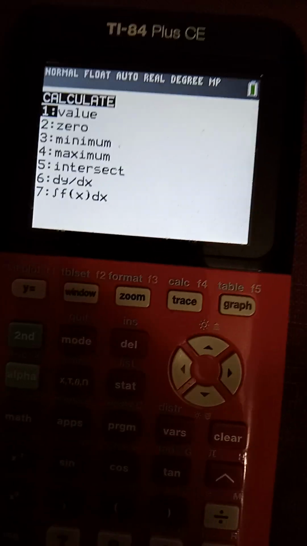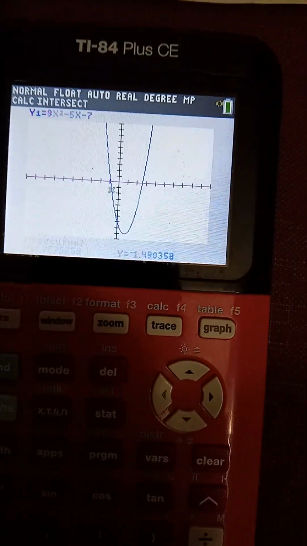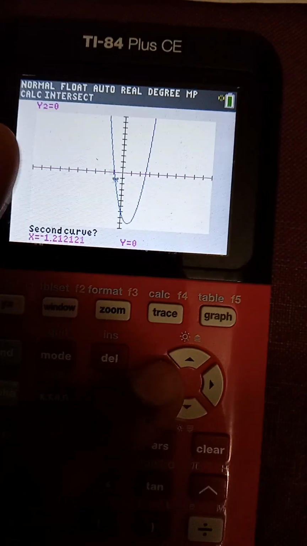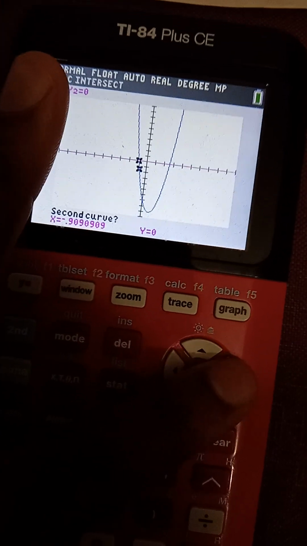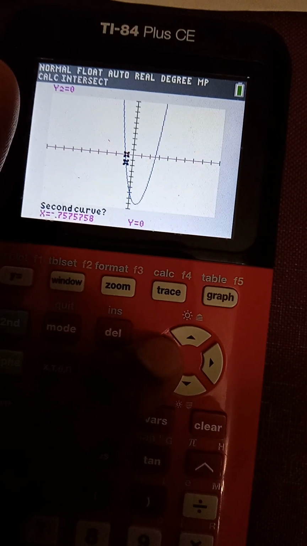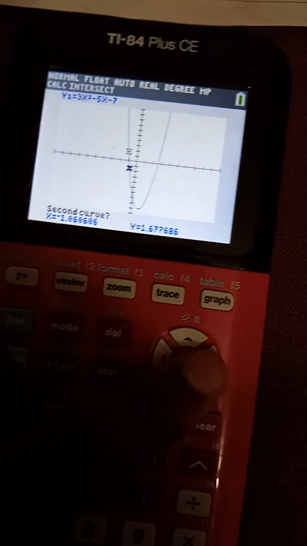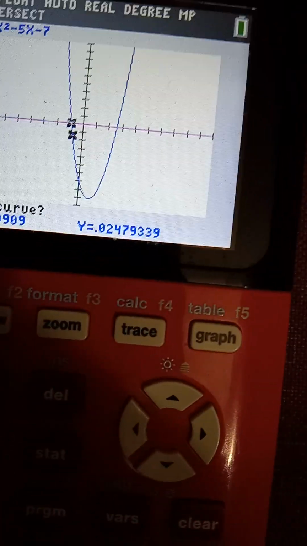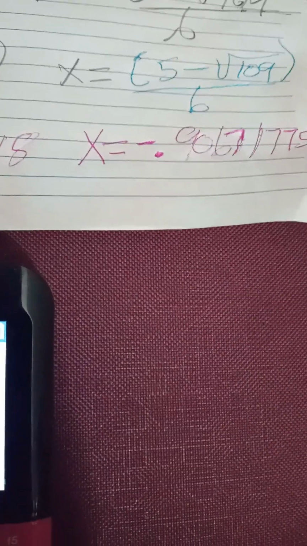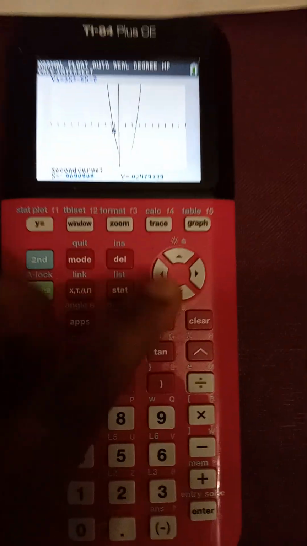Second, trace, intersect, slightly below, enter, and then slightly above, right there, hit enter, then hit enter right on the line there. So it's getting close, but it should be x is equal to negative 0.9067177515.